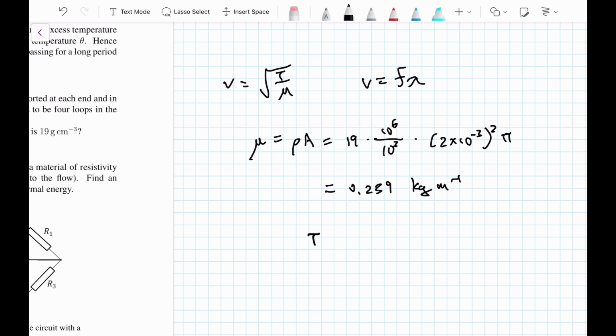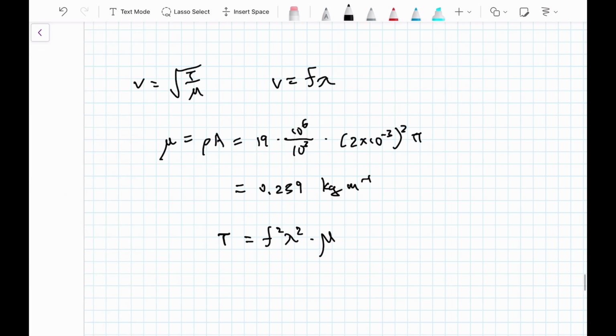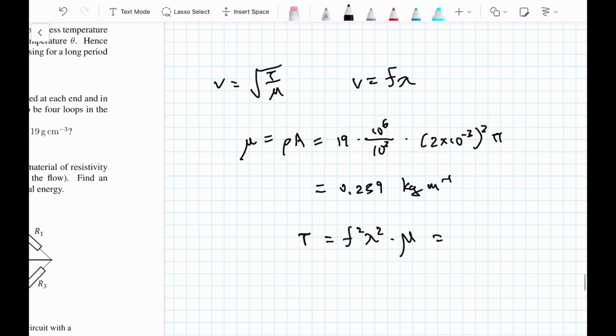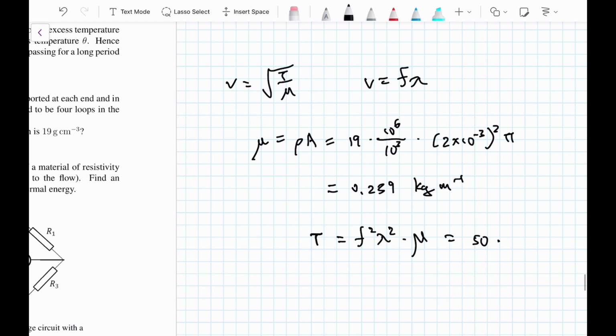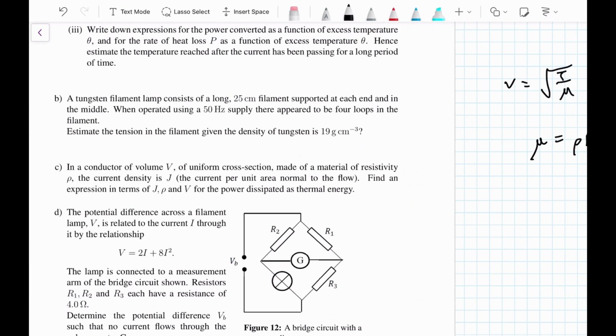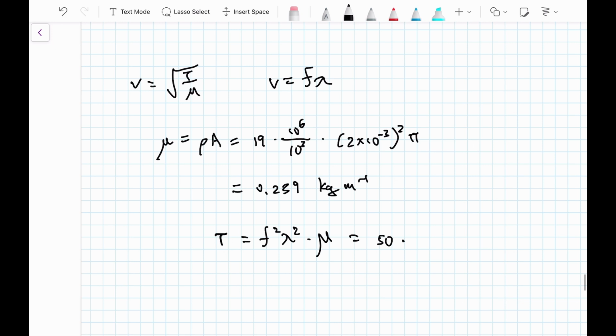So for the tension in this case, I can just take the velocity squared and then multiply by the linear density. The frequency over here says 50 Hz, and then for the wavelength, it says there are 4 loops, and the total length is 25 centimeters. So this means that one wavelength should be half of it, which is 12.5 centimeters, so 0.125.